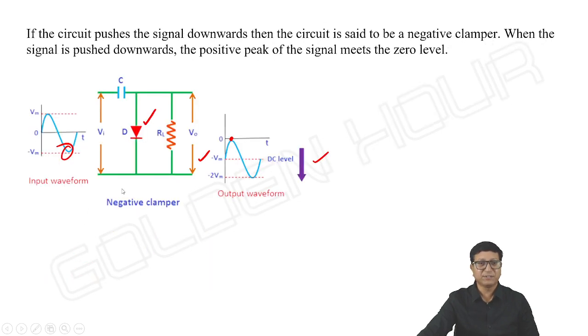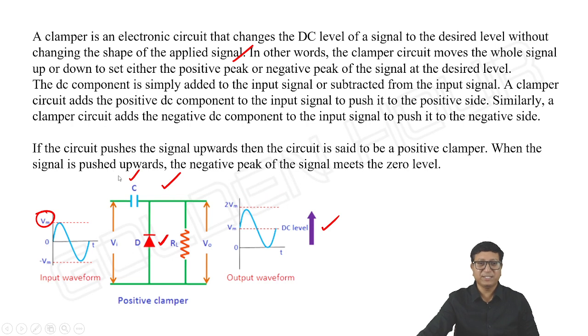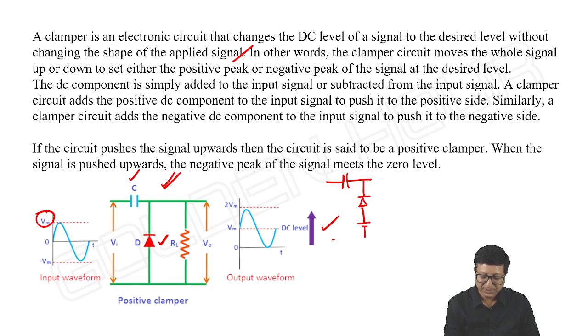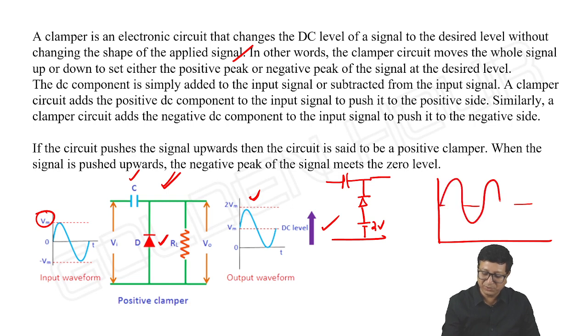Without a DC source. With a DC source, in this example, suppose I add 2 volts DC, then this signal will be further shifted upwards by an amount equal to 2 volts. Its output is also a sine wave, no doubt about it.